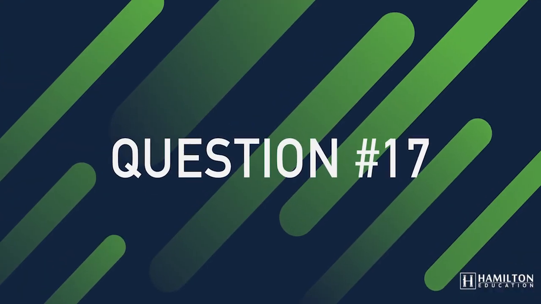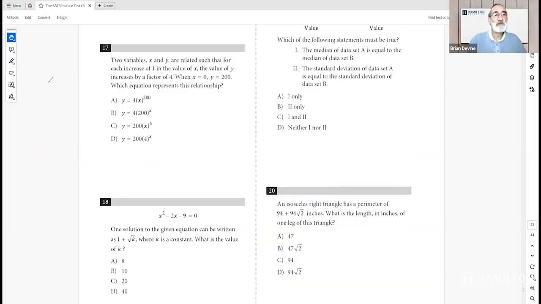Question 17. In question 17, 2 variables x and y are related such that for each increase of 1 in the value of x, the value of y increases by a factor of 4. Oh, tricky wording. When x is 0, y is 200. So what they just said here is that we're going up 400% every time x goes up 1.